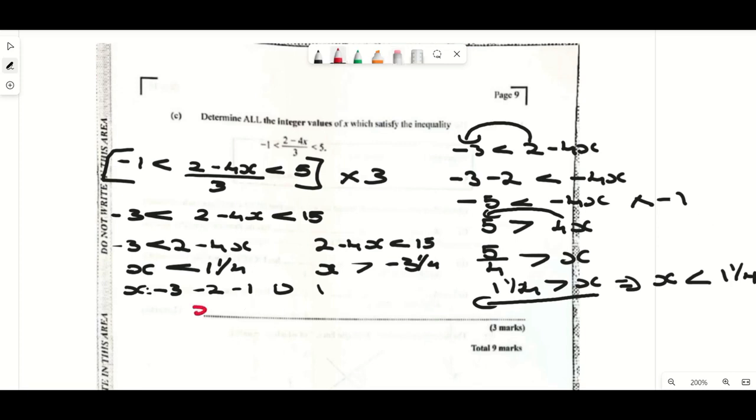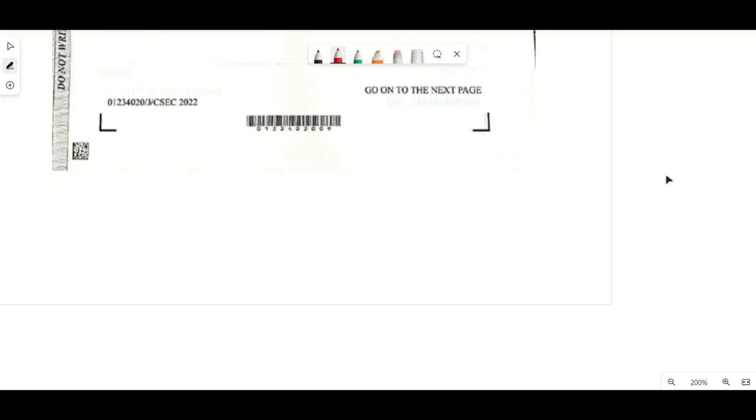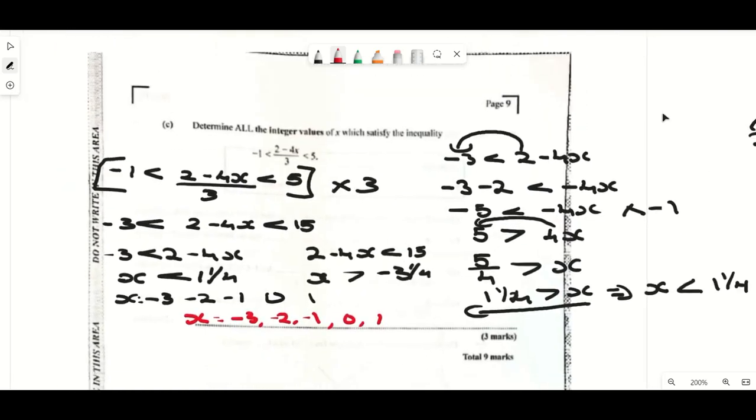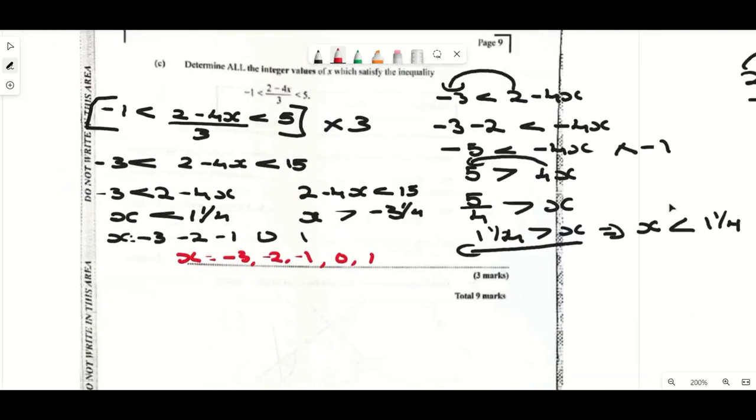Right, so x is equal to negative 3, negative 2, negative 1, 0, and 1. And that is your answer for this. And that is the end of number 2 questions. That is a total of 9 marks. Right, for the year January 2022.